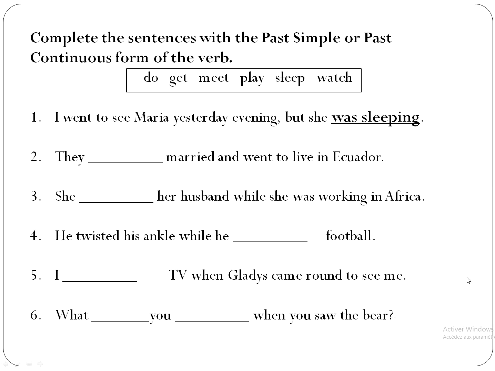Okay, as a way of practice, let's see if you can complete the sentences with the past simple or the past continuous form of the verb. You have these verbs here: do, get, meet, play, sleep is just an example, and watch.